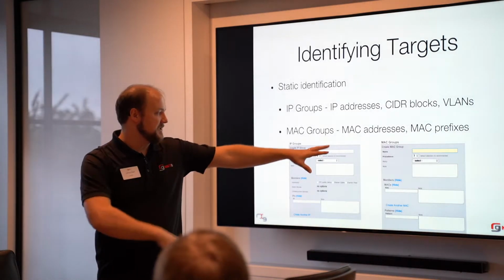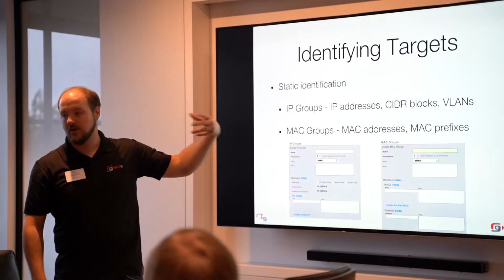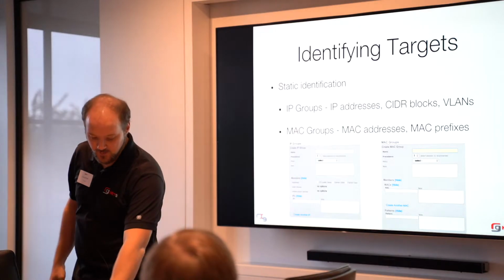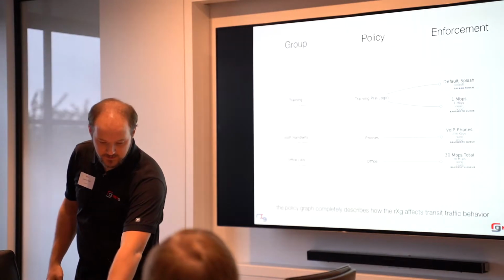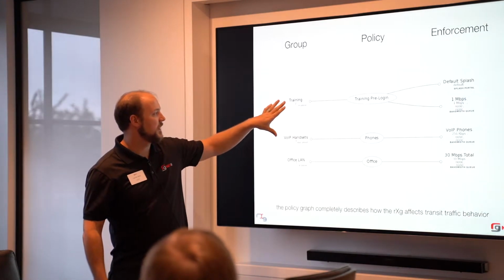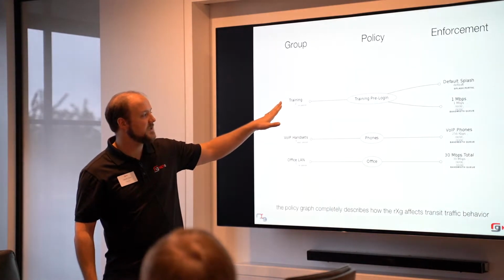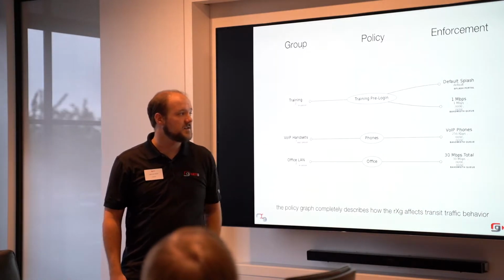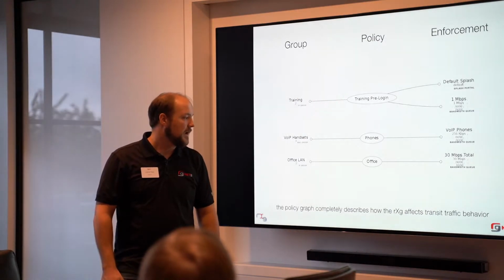So, as I mentioned, we've got the static options, a particular IP range or a particular group of MAC addresses, pretty basic. And in this diagram, we just have our training IP group, for example, linking into a policy that's got a splash portal enforcement.